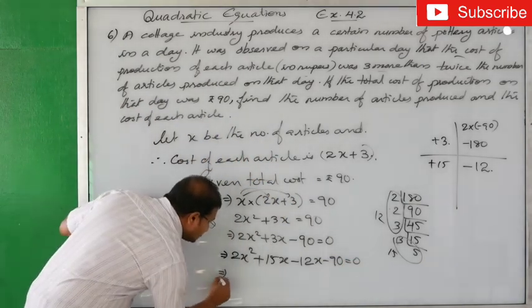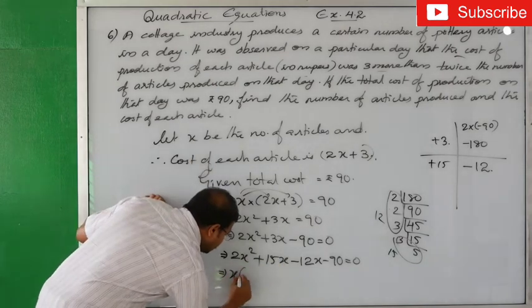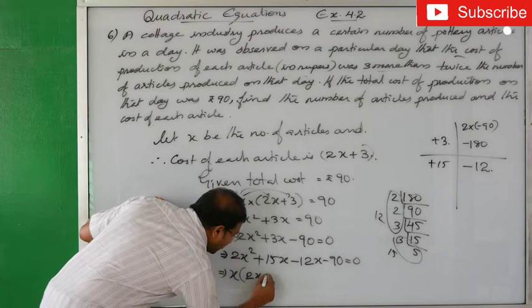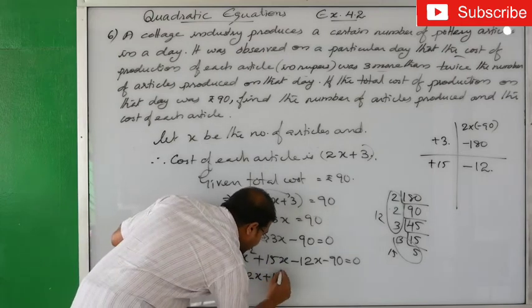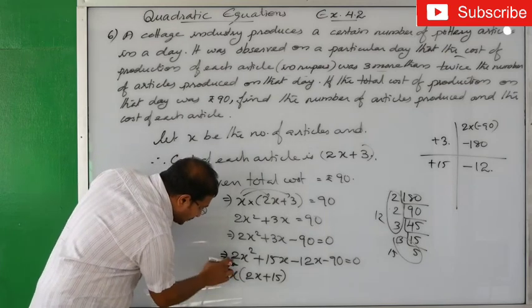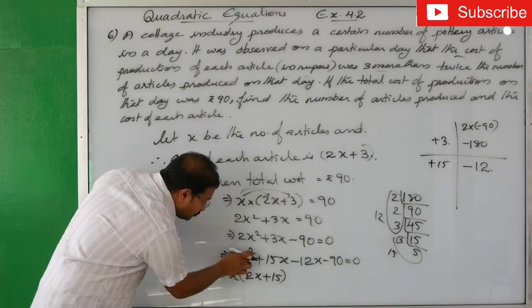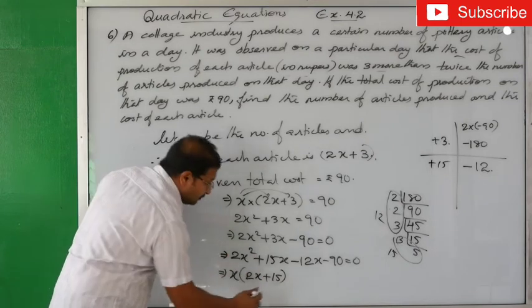This implies from these two, what can you take common? x. Balance is 2x plus 15. We took x outside, balance is 15. From here, if you take x outside, from 2x square we took 1 x, so the balance is x, that is 2x plus 15.